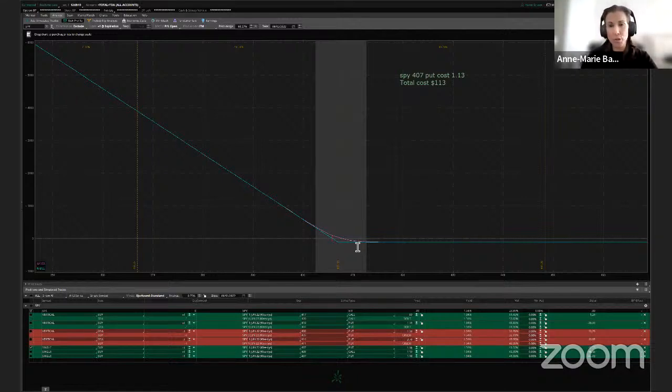What it tells you when you buy the SPY, and I'm going to make this word a buy, is that when I buy that SPY 407, I am long the put. So long means I bought it. Short means I sold it.